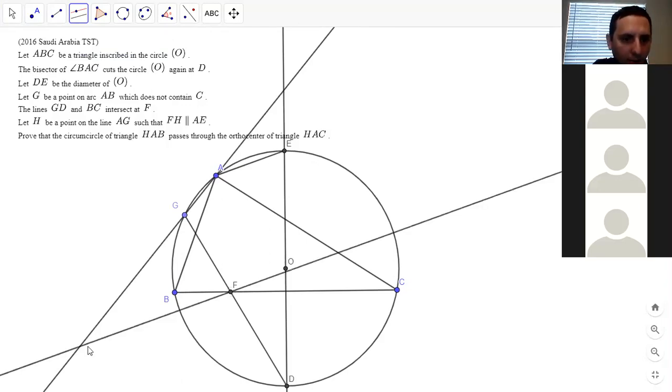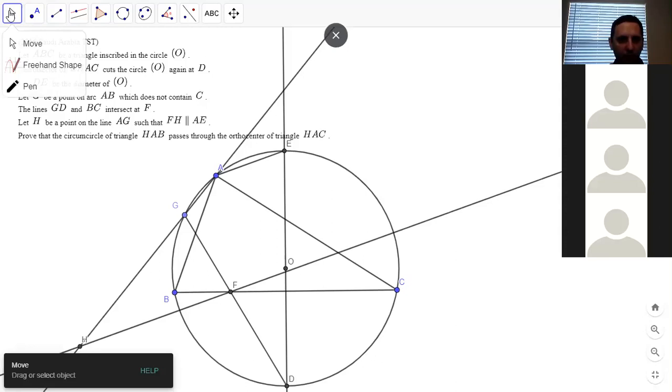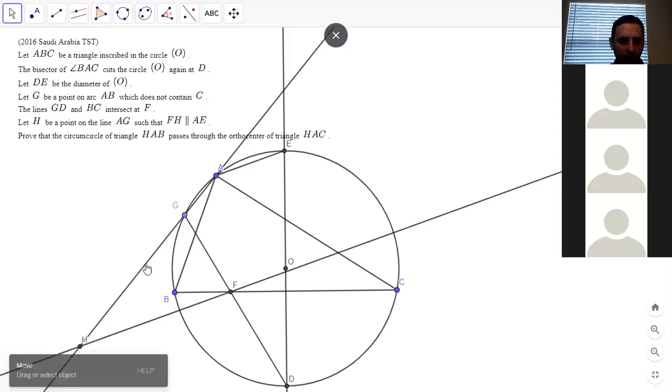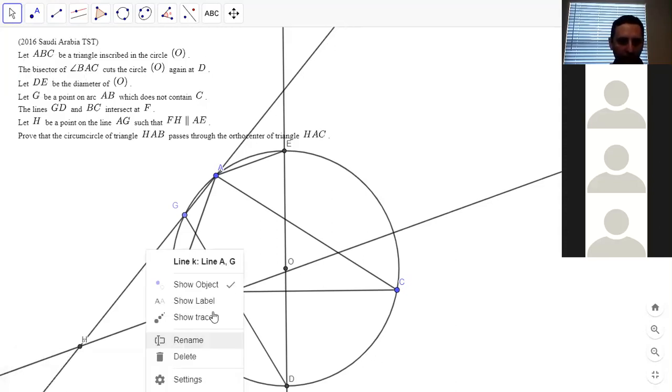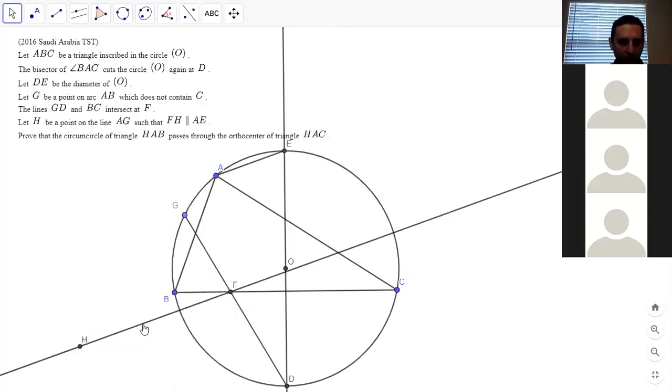Okay, so this is point H. And we want to show the circumcircle of HAB passes through the orthocenter of HAC. That's interesting. So I'm going to turn these just into segments.